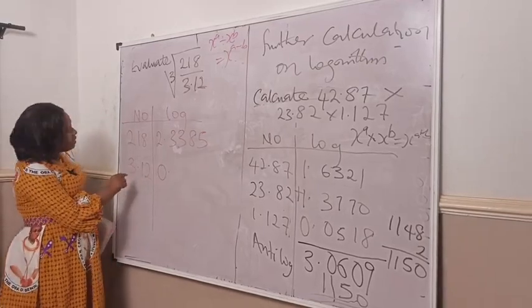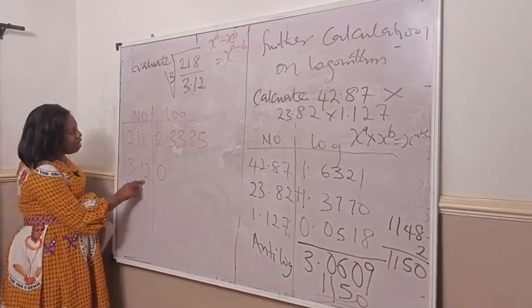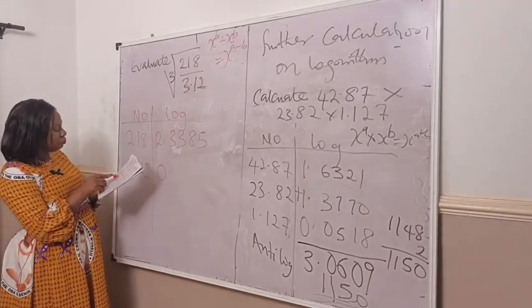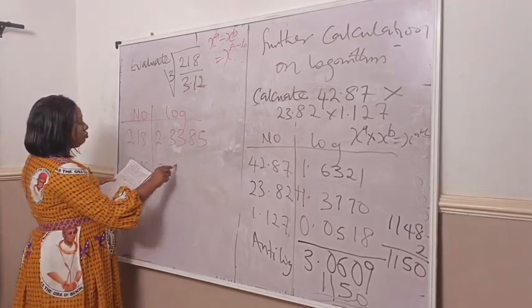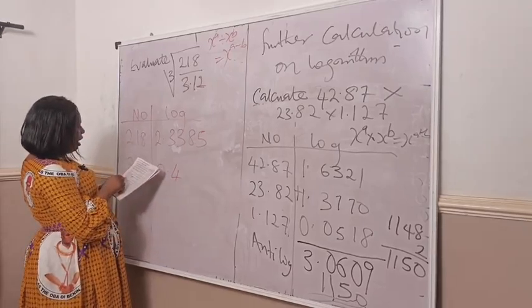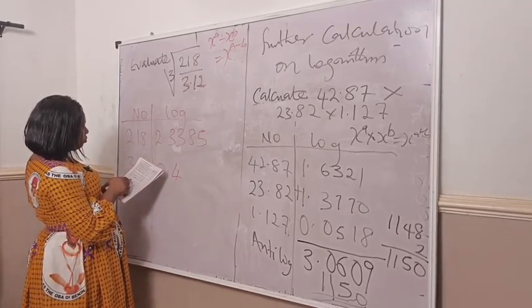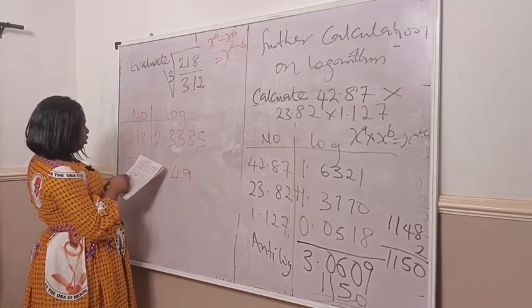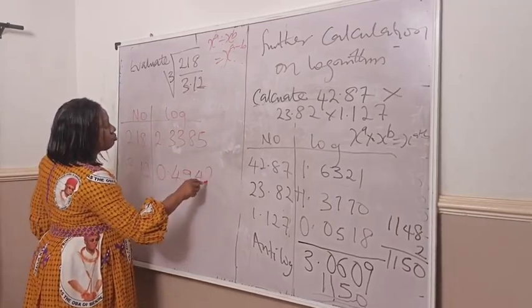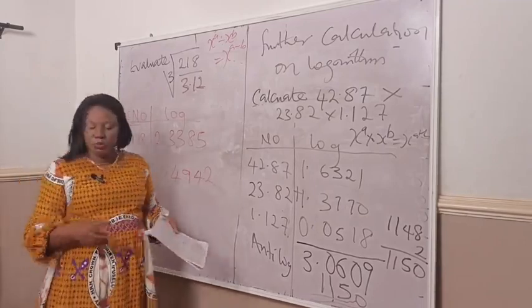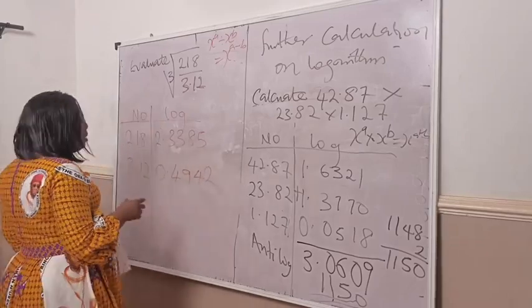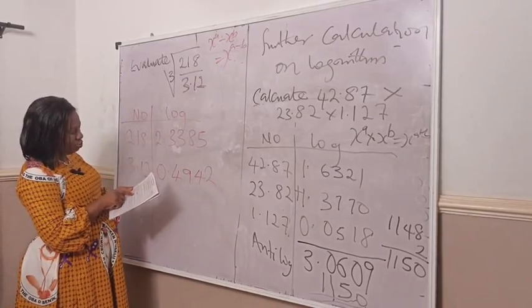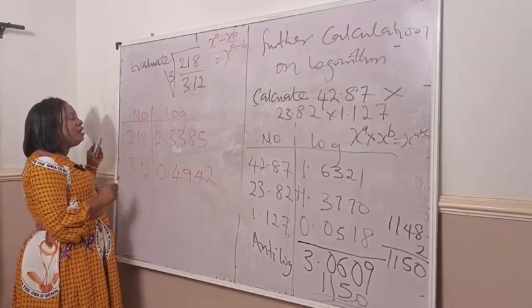You don't call it point. So we go to 31 under 2, which is 4942.